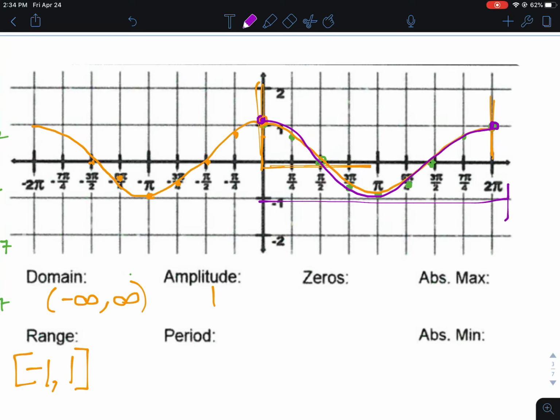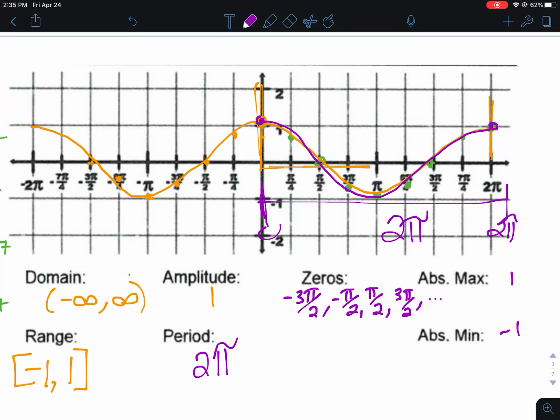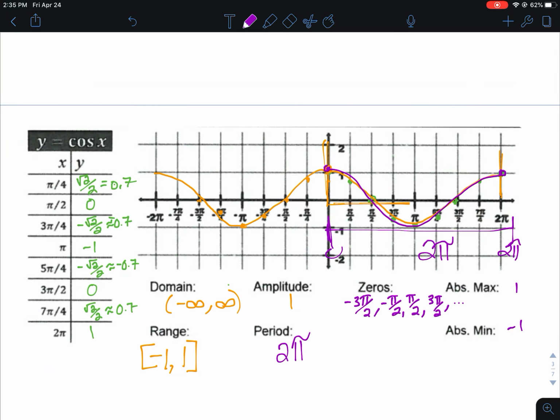Well, that again is a distance of 2 pi spaces. From 0 to 2 pi is 2 pi spaces, so that's my period. The zeros this time are on the halves, if you notice, so we have negative 3 pi over 2, negative pi over 2, pi over 2, 3 pi over 2, etc. Max is 1, min is negative 1.